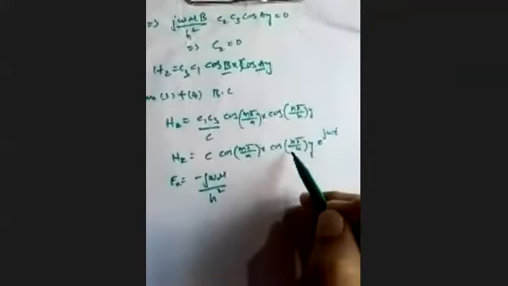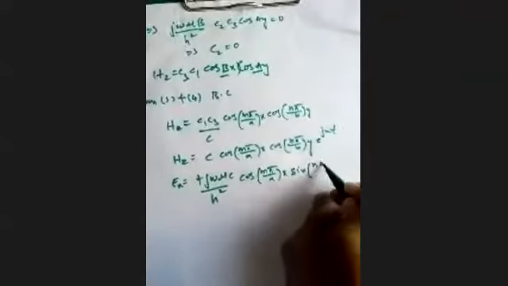We wrote earlier the one-time derivation of Hz with respect to y, so directly if I write it, it becomes minus j omega mu by h square, differentiation with respect to y. So this will be converted into sine. So minus into minus is plus. C is as it is, cos of m pi by a into x will be as such.